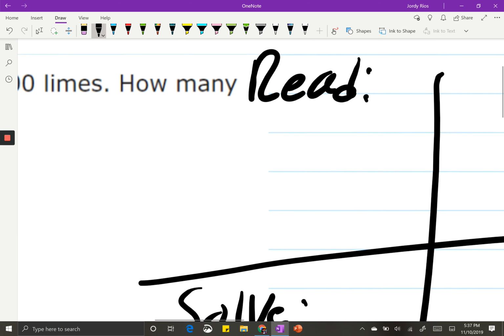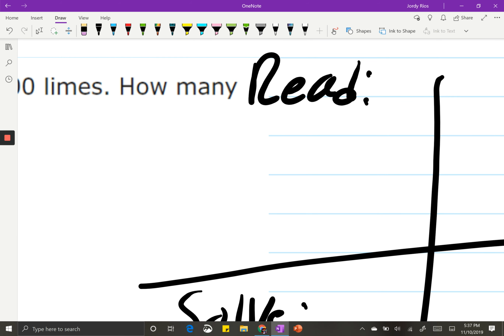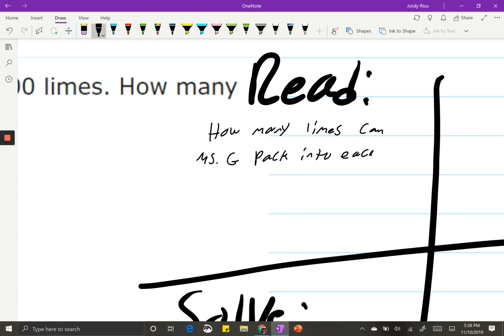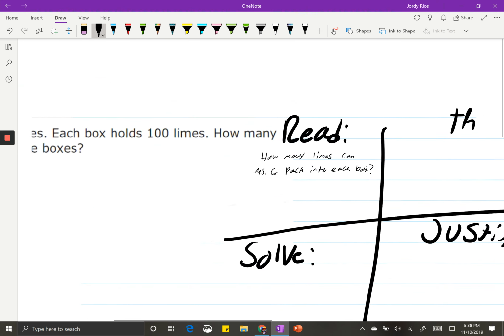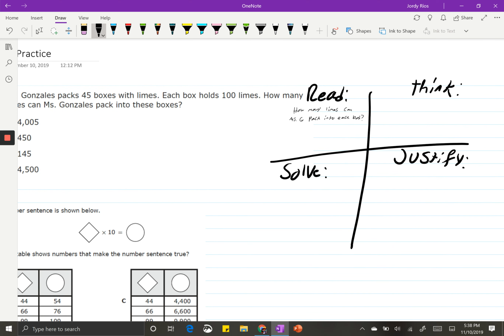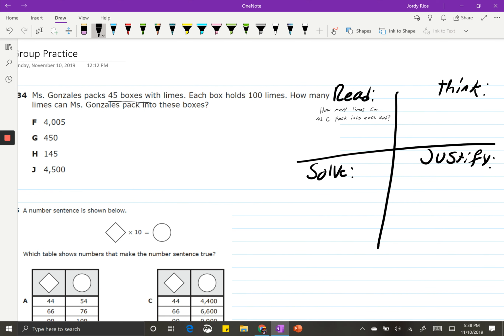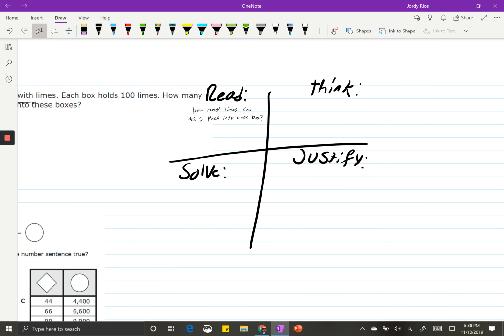Okay, so for my read, how many limes can Ms. Gonzalez pack into these boxes? That is a question. What facts do we know? Well, we know she has packed 45 boxes with limes.